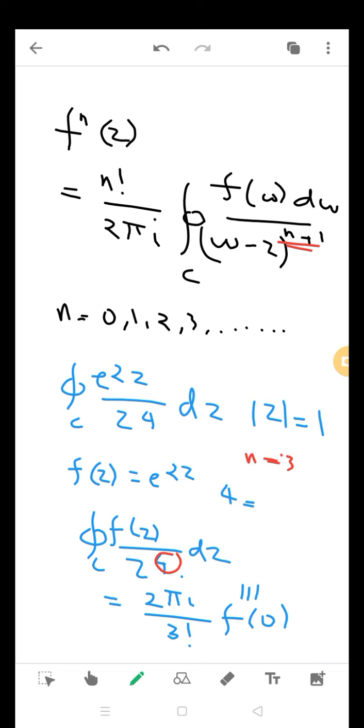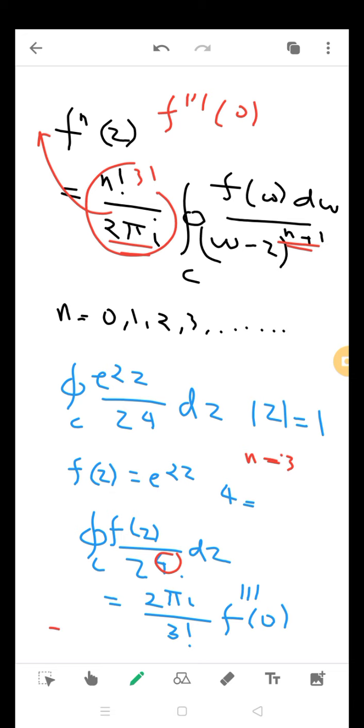So 3 factorial comes here with 2 pi i, so this becomes f'''(0) into 2 pi i by 3 factorial. That is how this comes, and this becomes equal to 8 by 3 into pi i. So this is the answer of the integral.